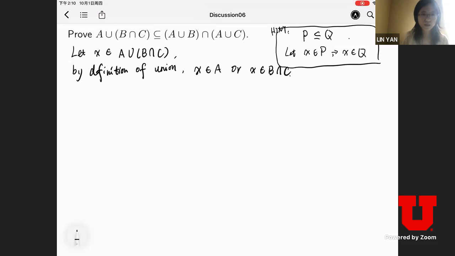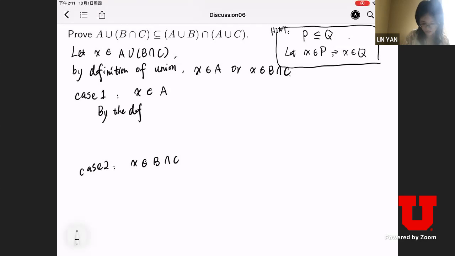Because we have two cases, we can prove it by cases. Case 1, X is an element of A. And case 2, X is an element of the intersection of B and C. In case 1, when X is an element of A, by the definition of union, X is an element of A union B. Any question about this statement?